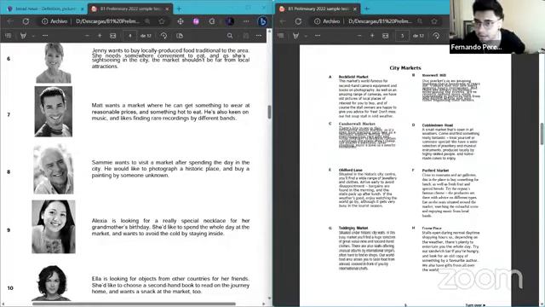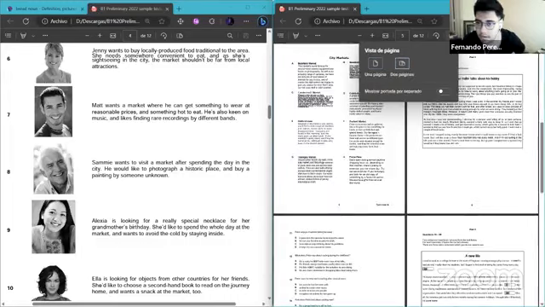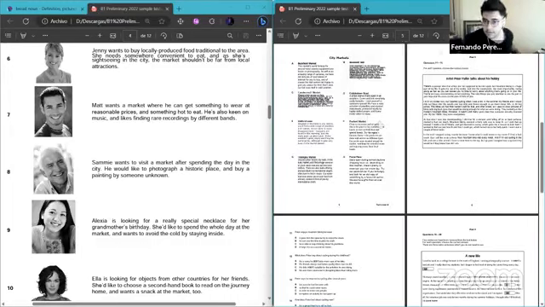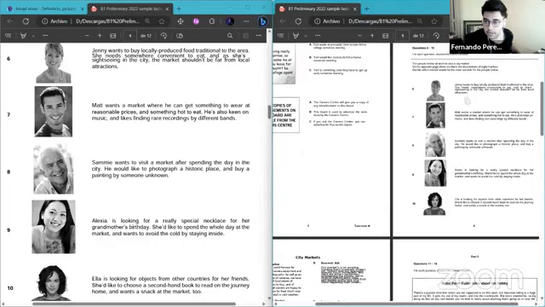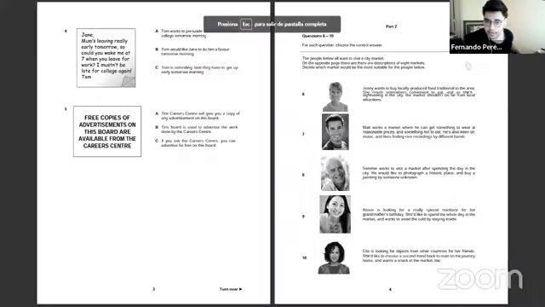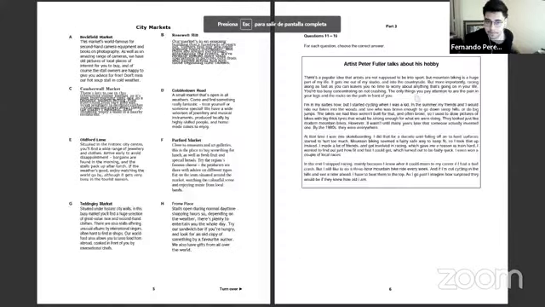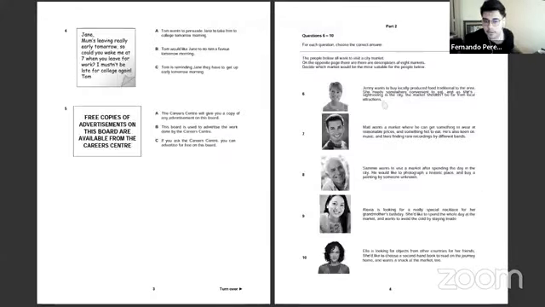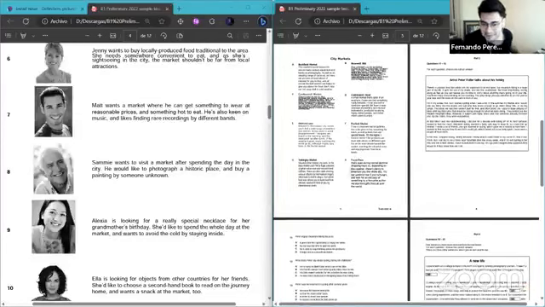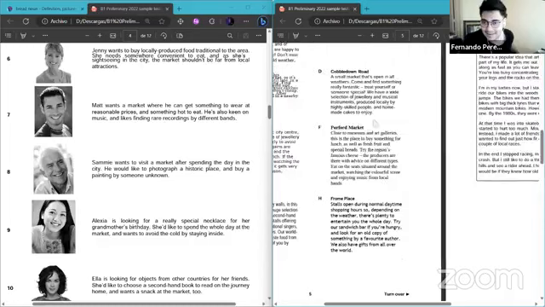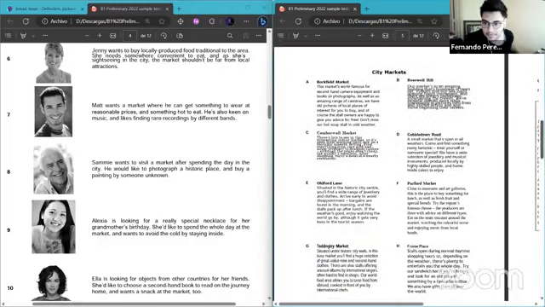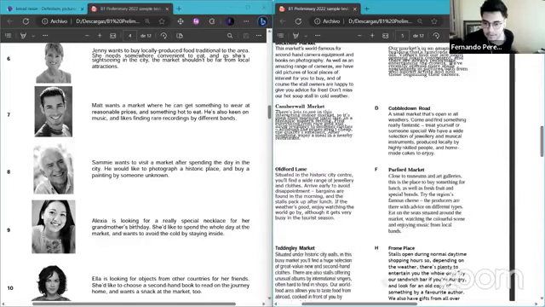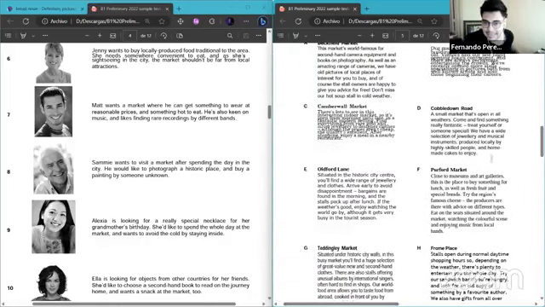Two pages here. That's the biggest I can get.